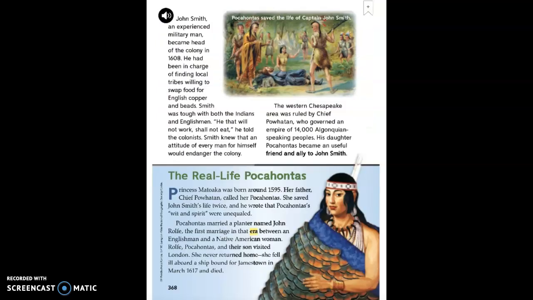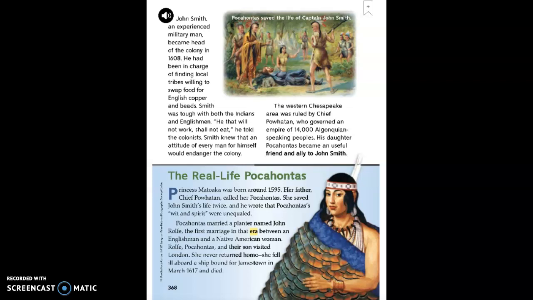John Smith, an experienced military man, became head of the colony in 1608. He had been in charge of finding local tribes willing to swap food for English copper and beads. Smith was tough with both the Indians and Englishmen. He that will not work shall not eat, he told the colonists.